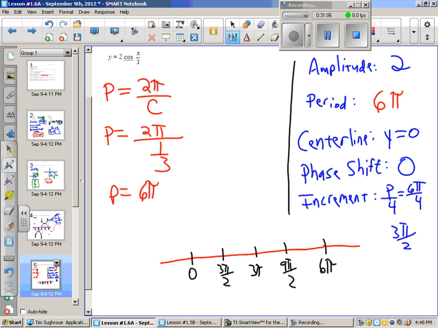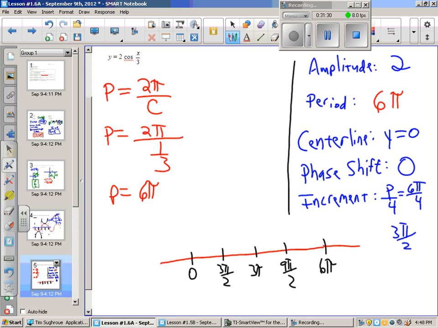Now, the hardest part about the method that I use is that you have to know this. You need to know how the trig function starts. Cosine functions start off the center line. Sine functions start on the center line. So in this particular case, I have a cosine. So at the phase shift, at 0, I'm either going to start above or below.